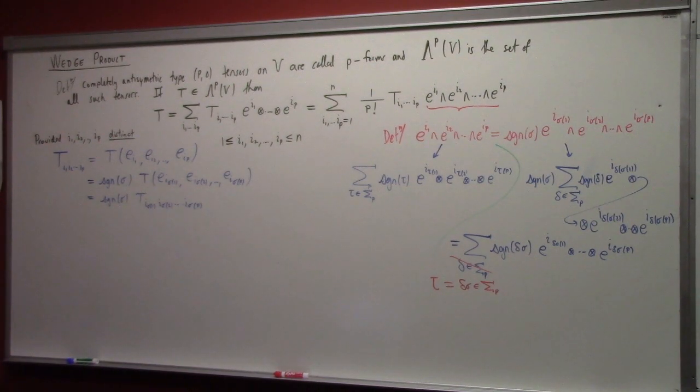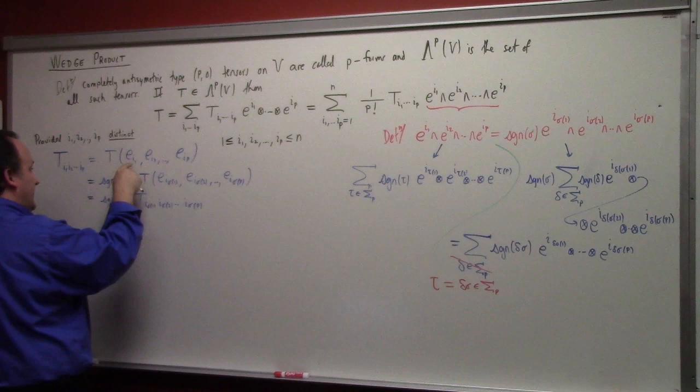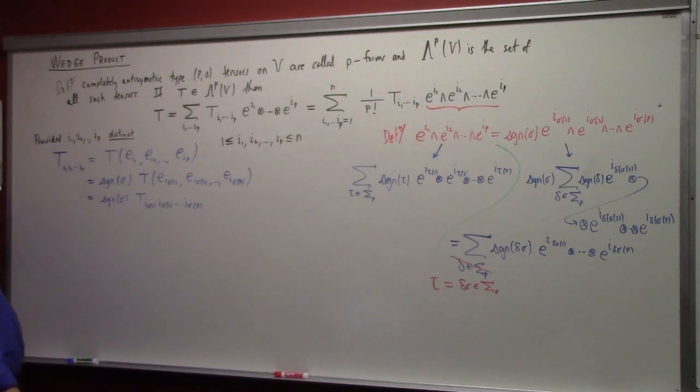Actually, I could still do this even if e_i1 was equal to e_i2. It's just that for other reasons I know that it's going to be 0.